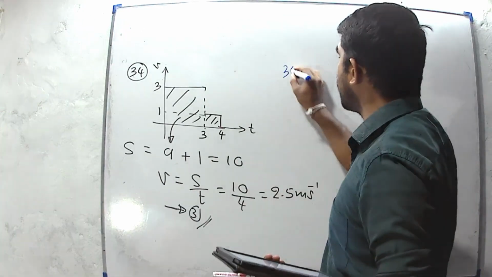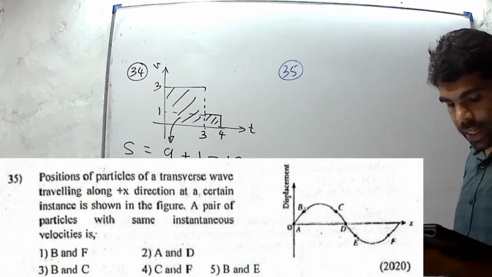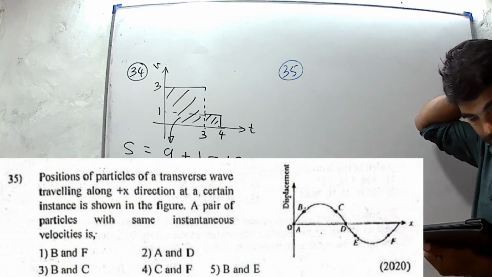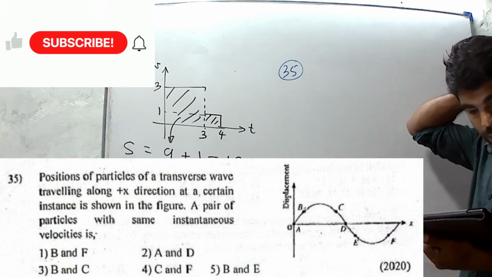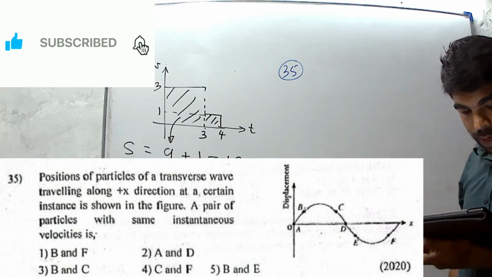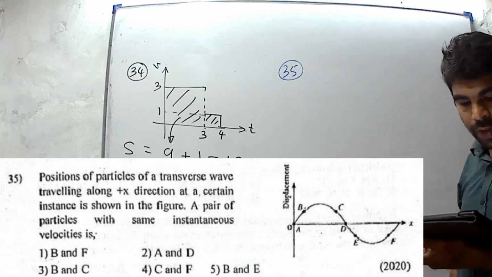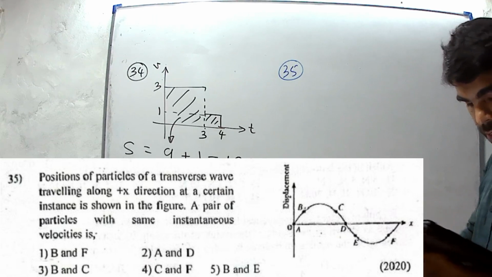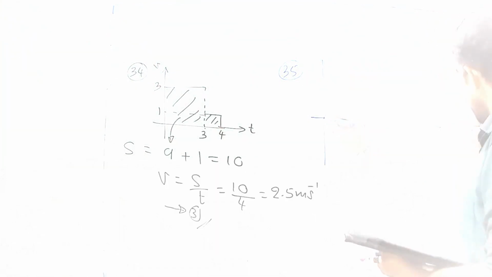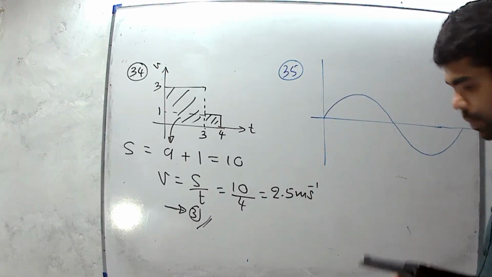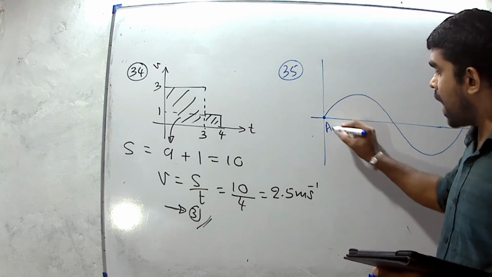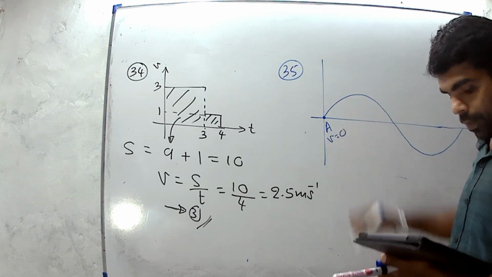Then question number 35. Positions of particles of a transverse wave traveling along the plus x direction at a certain instant are shown in the figure. Which pair of particles has the same instant velocity? Considering the motion of the wave, point A is at rest, velocity 0.